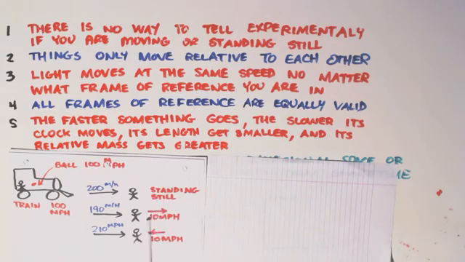What about this guy here? He's running in this direction with the train at 10 miles per hour. So when that ball comes, it would be 200 miles per hour, but he's running another 10, so that takes it down to 190. And if he runs towards it, now not only is the ball coming at 200 miles an hour, he's going in the opposite direction at 10. They add up to 210.